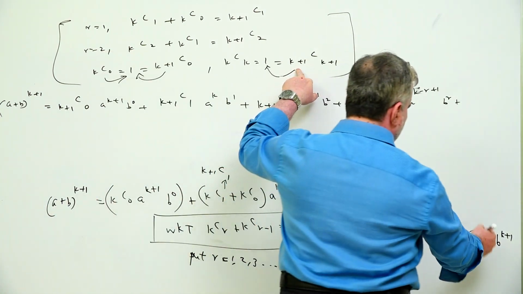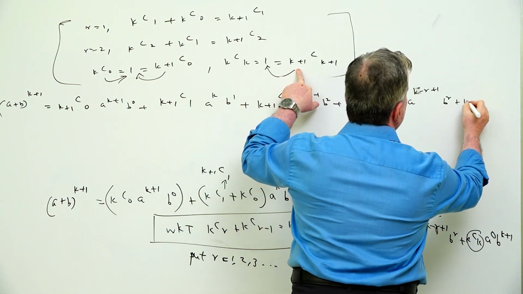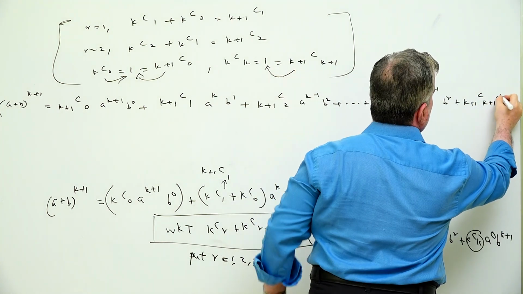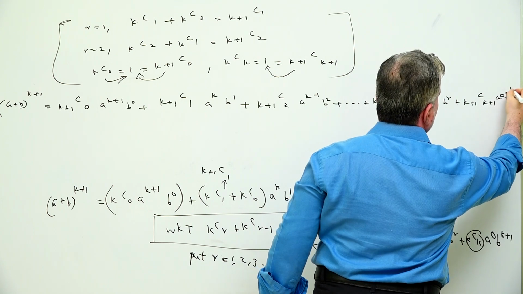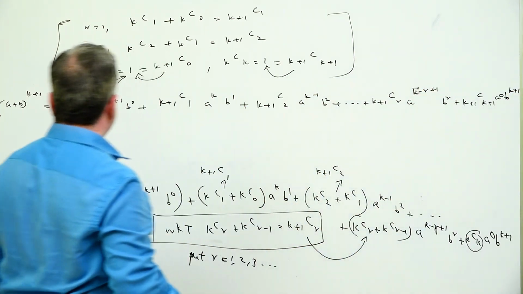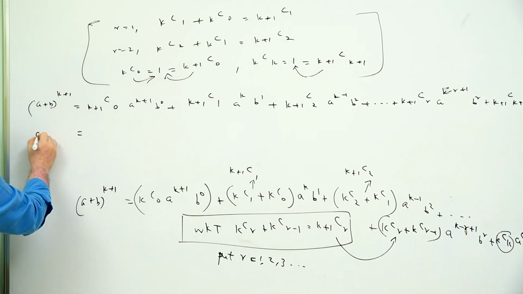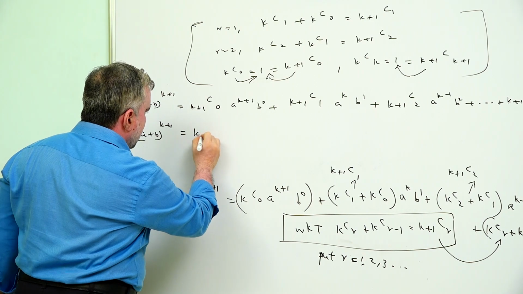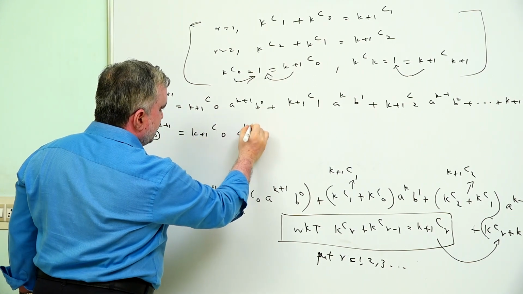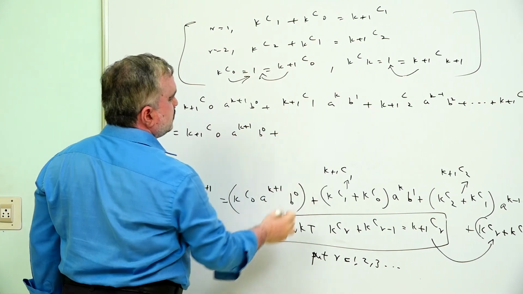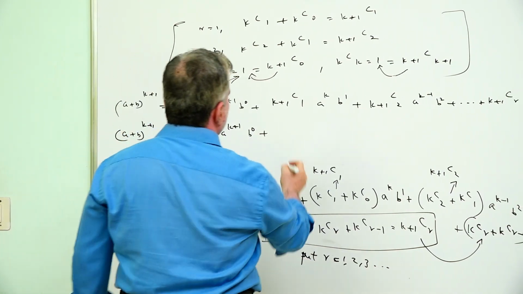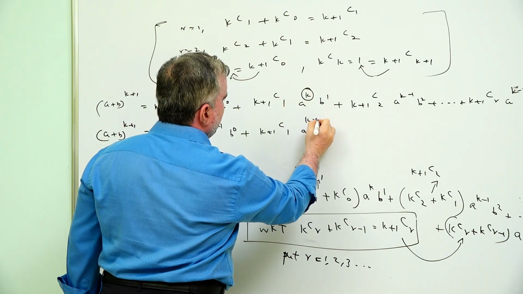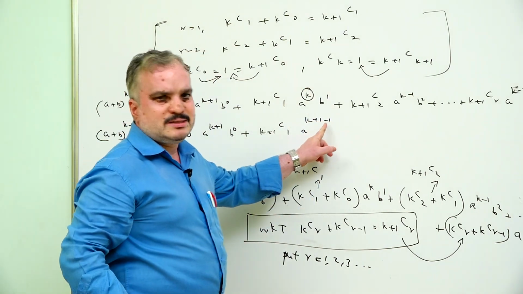For our convenience, we are taking kck as k plus 1 c k plus 1 a power 0 b power k plus 1. Next we write (a plus b) whole power k plus 1: k plus 1 c0 a power k plus 1 b power 0. Here k plus 1 c1 a power k, we write k plus 1 minus 1, adding 1 and subtracting 1.